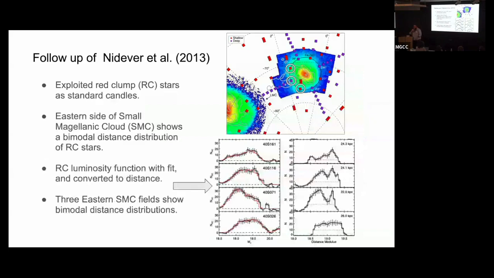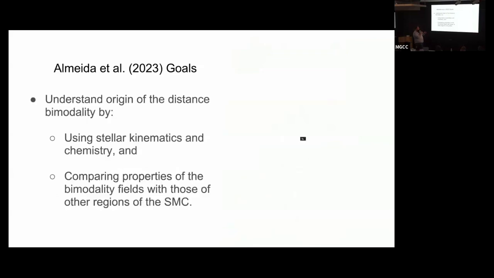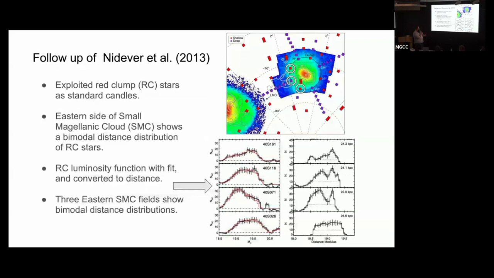The motivation for this is a follow-up of the work done by Dynevor about 10 years ago. He used red clump stars as standard candles, and he found, well, this was known before him, but he confirmed that this area of the SMC, the eastern side, presented a bimodal distribution of red clump stars.